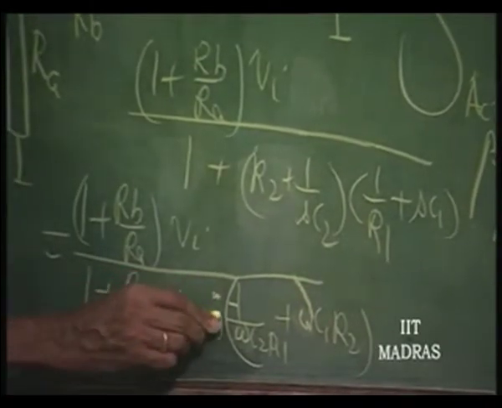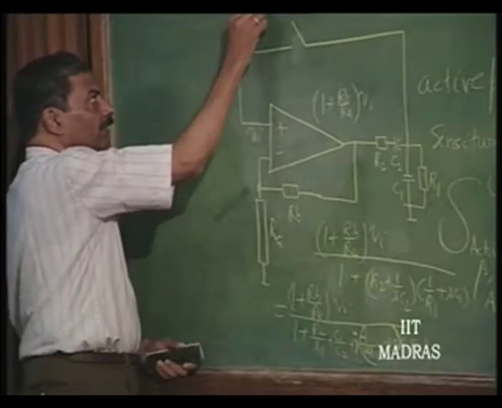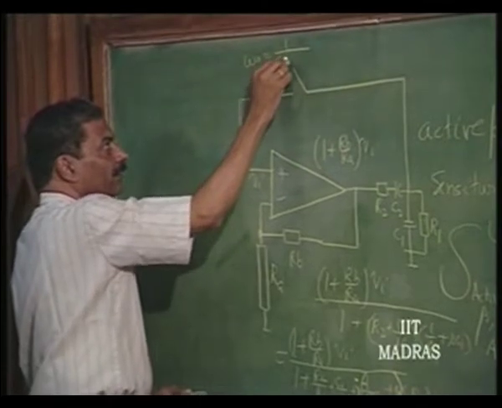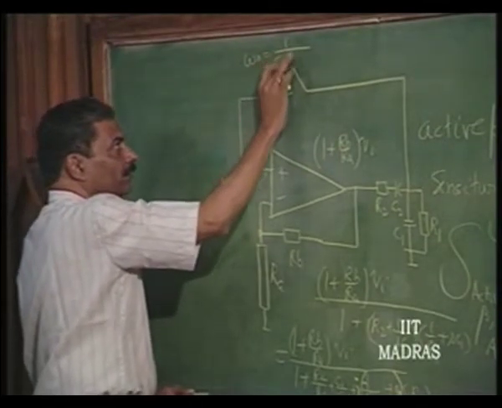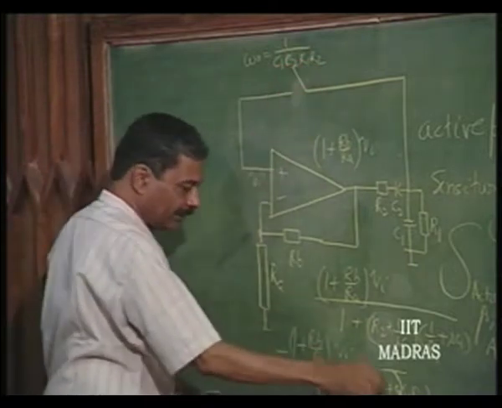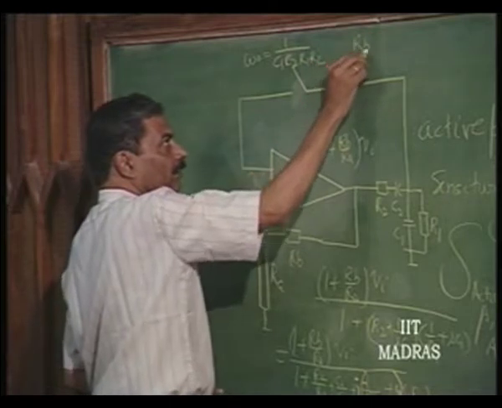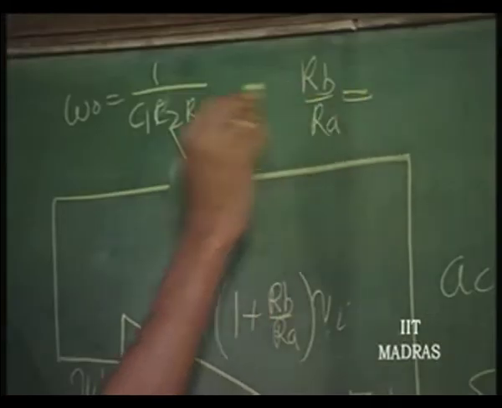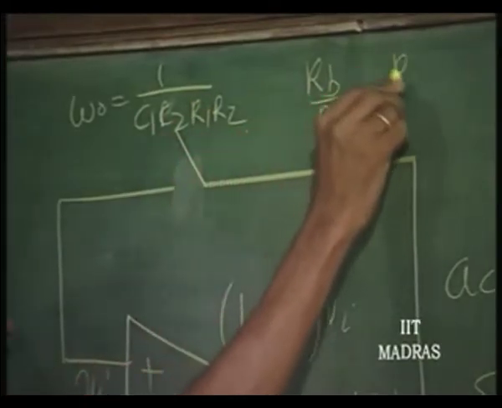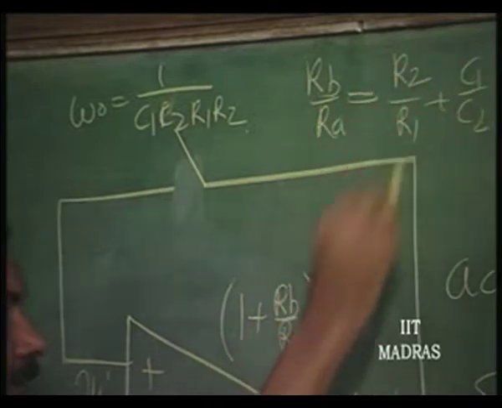So, essentially we had this going to 0 at omega naught equal to 1 over the square root of C 1 C 2 R 1 R 2. This was vanishing, and the condition for oscillation was R B by R A equal to R 2 by R 1 plus C 1 by C 2.